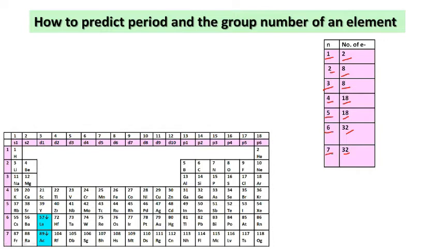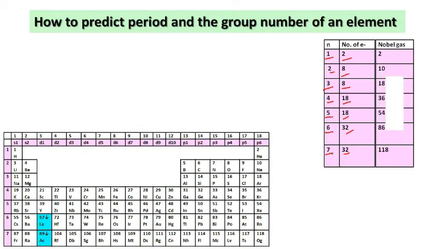If we add these numbers of electrons, then we will get the noble gas configuration. So 2 plus 8 we get 10, 10 plus 8 is 18, 18 plus 18 is 36, 36 plus 18 is 54, 54 plus 32 is 86, and 86 plus 32 is 118. So these are the noble gas configurations.